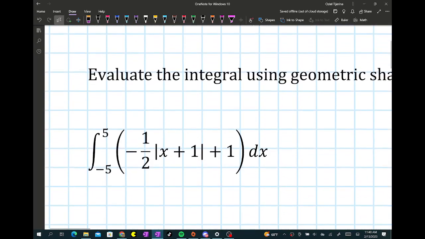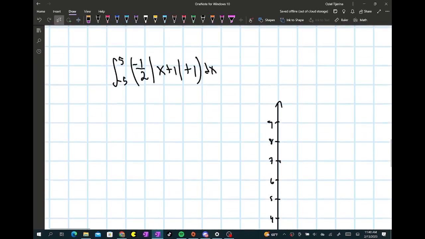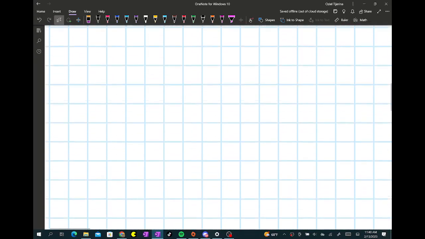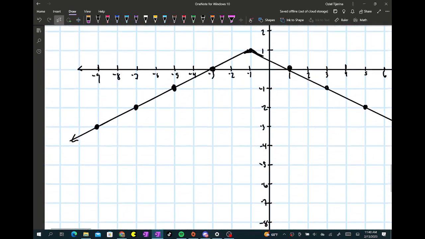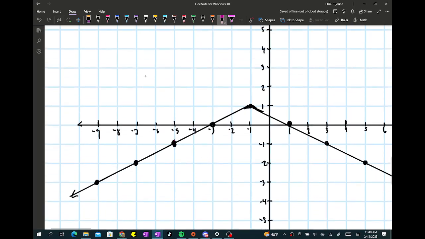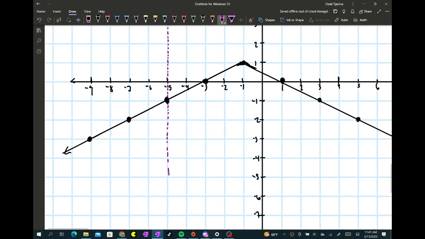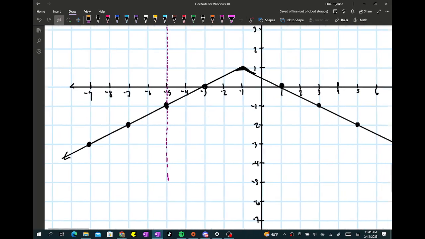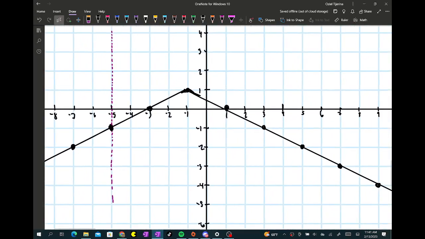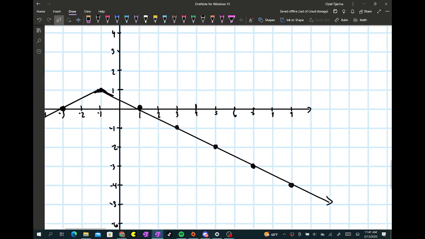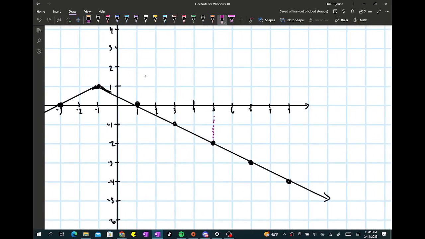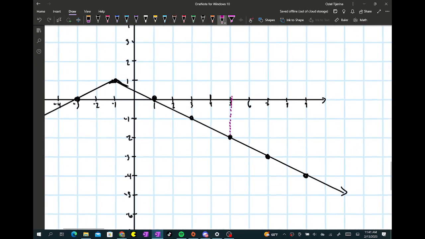So it is from -5 to 5, and we're going to do these dashed lines here to note that these are the bounds that we are evaluating, or trying to find the area of, right?